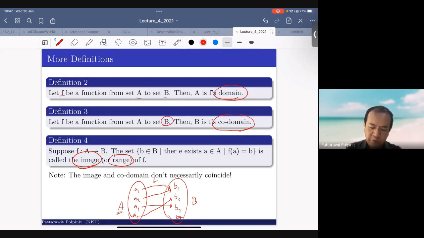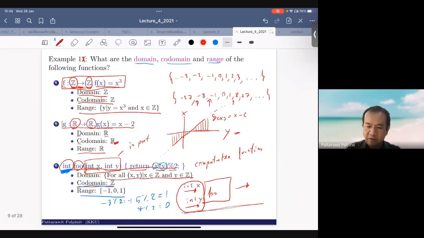So A will be the domain, B will be the codomain, and the set of B1, B2, B3 will be the range, right? So last time we discussed how to find domain, codomain, and range.